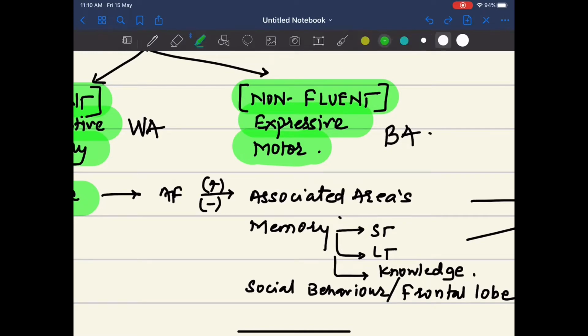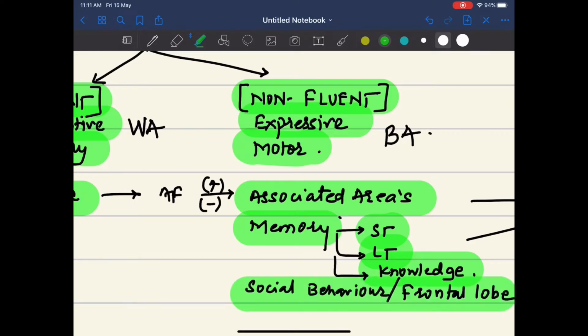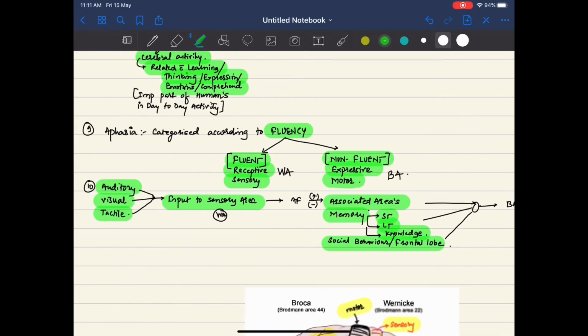Like you have learned language since your childhood, right? What is communication? So that becomes a part of memory. If I ask you a question, what is your name? So you have understood the question. It will go in your permanent memory. Okay, then how to answer your question, that will be gained from your knowledge and social behavior and frontal lobe. So you will answer this question in quite a scientific way. Okay, are you getting it?